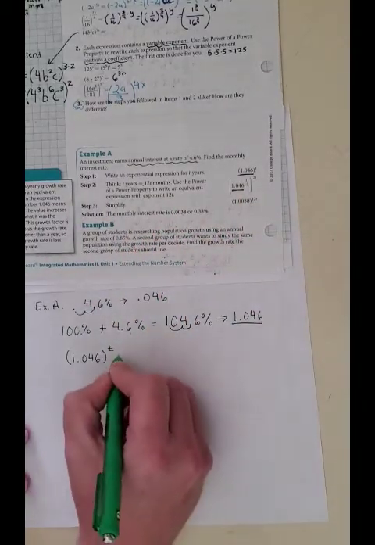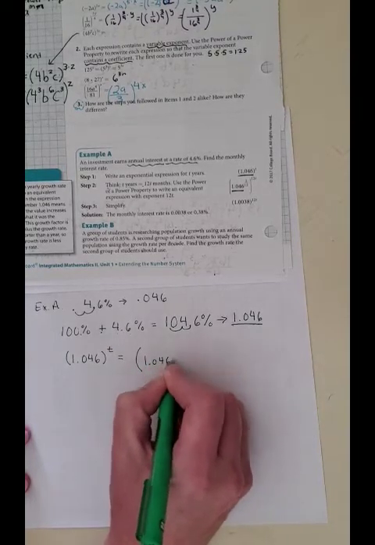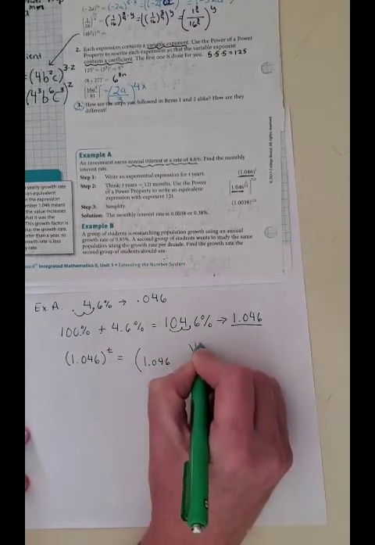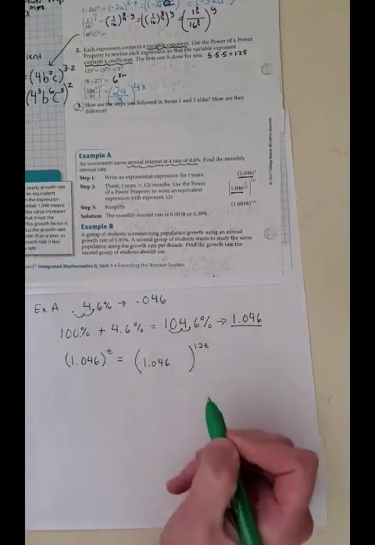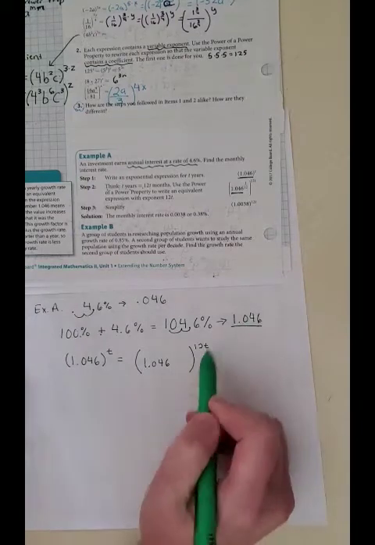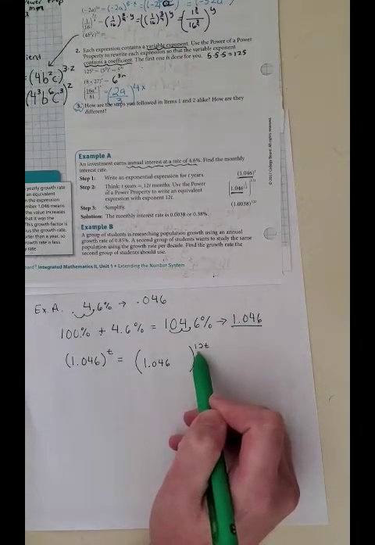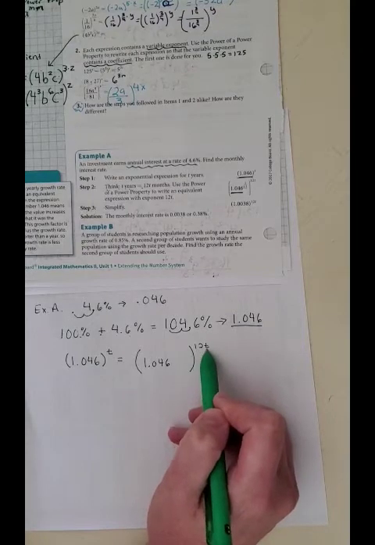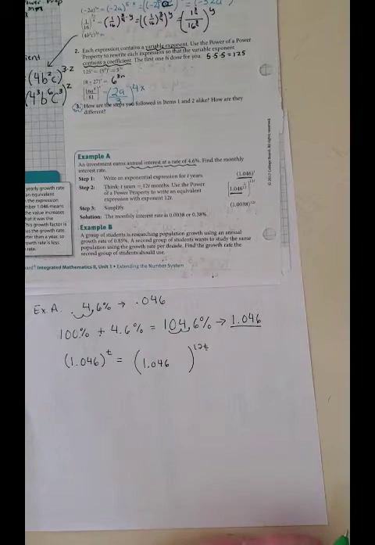So what they want us to do is rewrite this 1.046 with this exponent. And that's because this is a monthly interest rate. Annually, there's 12 months per year, so 12t. So we want to know how much we would make per month.